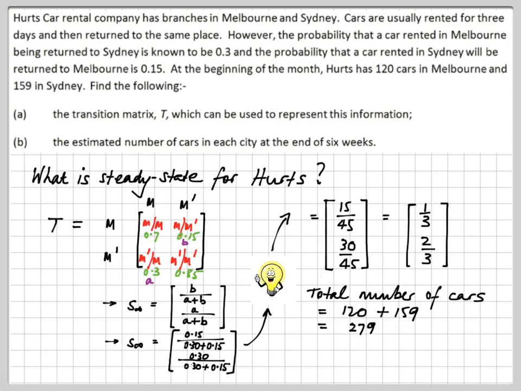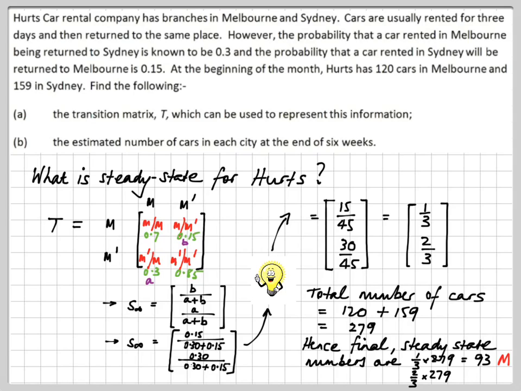So it's easy. There's the final steady state. 1/3 of the cars, that's 93, end up in Melbourne, and 2/3 end up in Sydney, and that's 186 in Sydney.